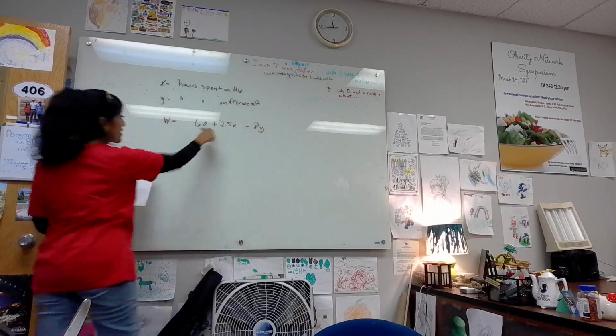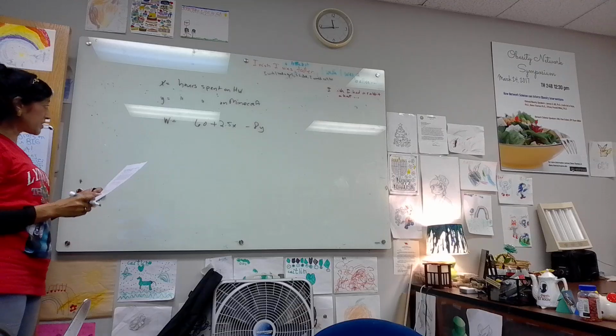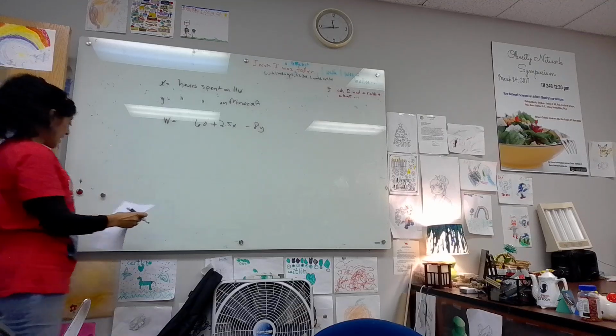This is your objective function. This is what you want to maximize, is your WPR score. And you have these constraints.